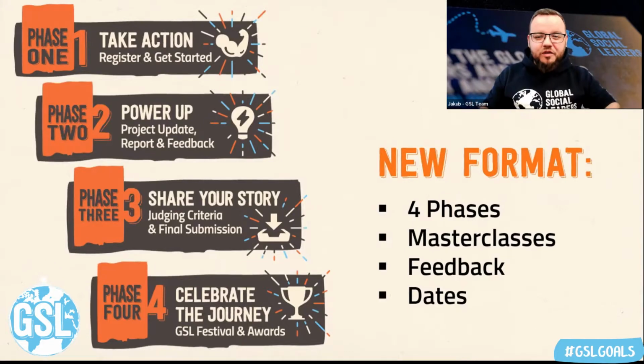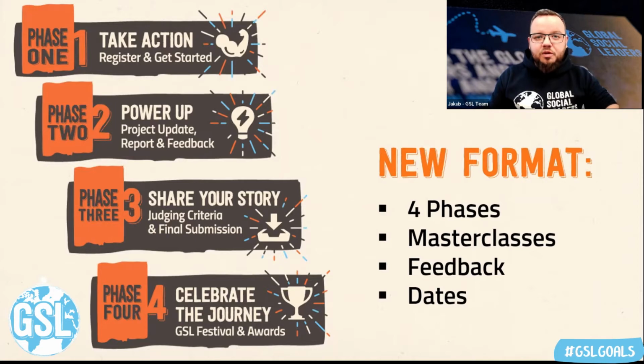So as part of the new format, we have 4 phases this year. So the first one, take action. This is all about you registering your school, registering your team, and getting started with your project. Some of you might be planning, but some of you might be already doing amazing things in your community. So we want to then take stock of all that happened in January, and that's where our power up phase comes in.